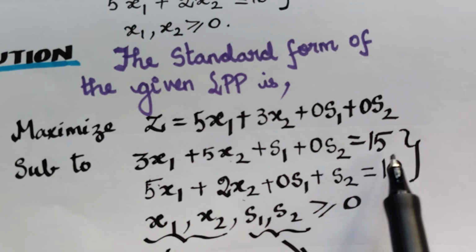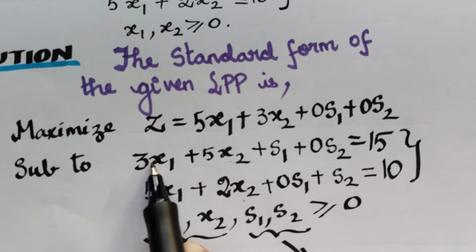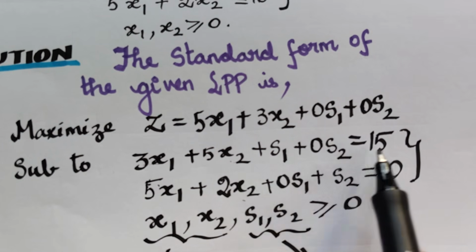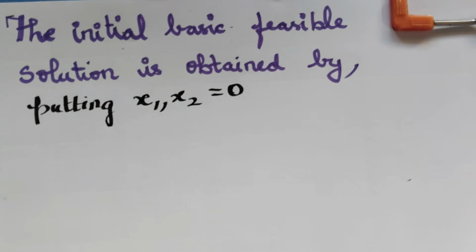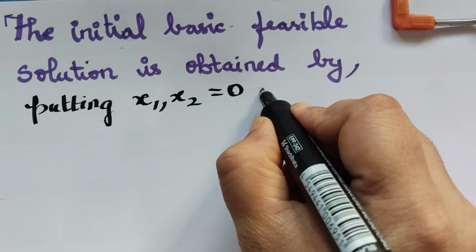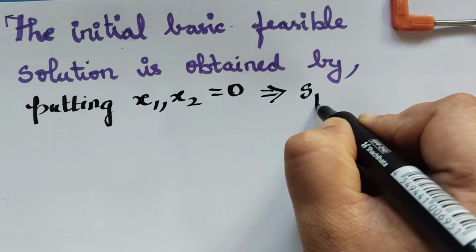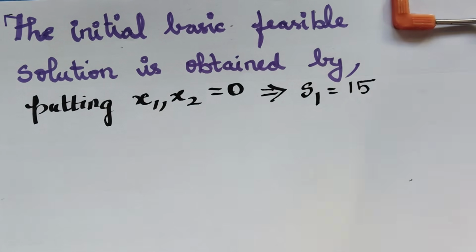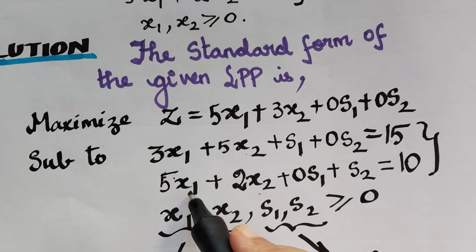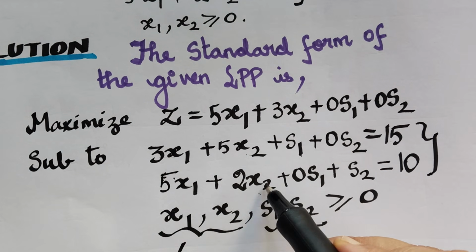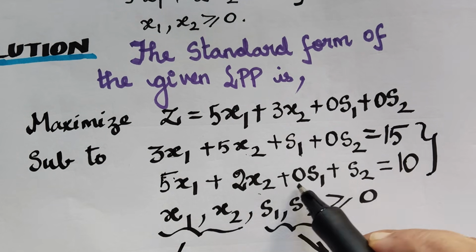So in the first constraint, if you put x1 and x2 as 0, we will be getting the solution as s1 is equal to 15. And in the second equation, if you put x1 and x2 as 0, the solution will be s2 is equal to 10.